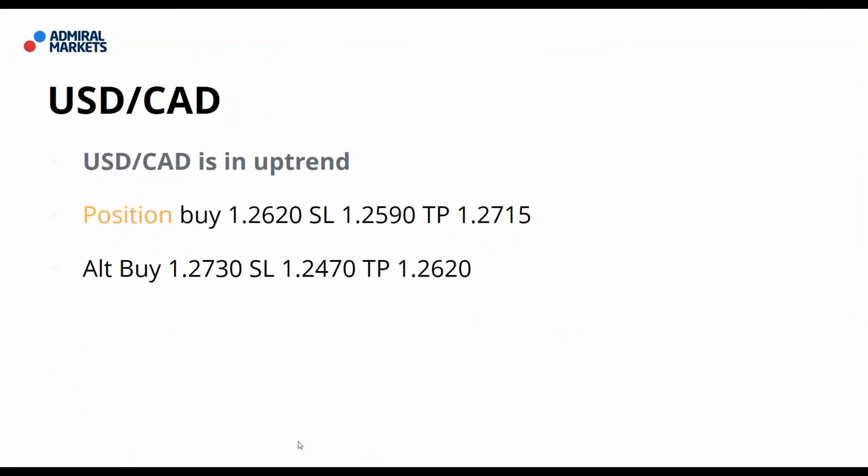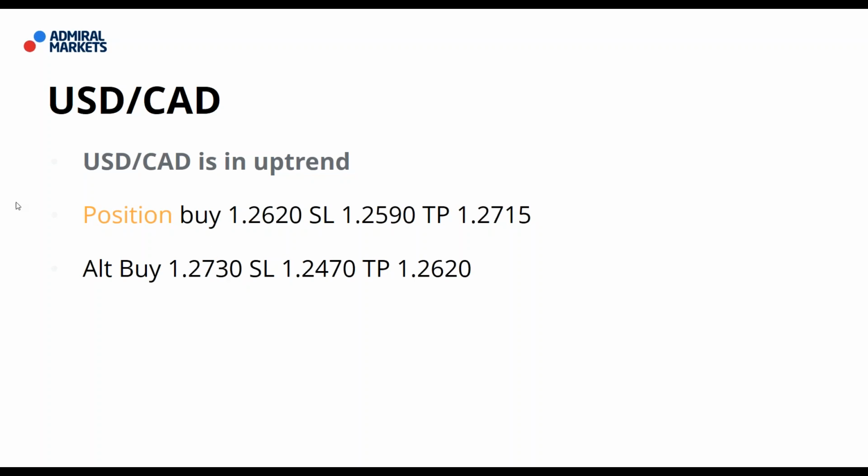Buy at 26.20, stop loss 25.90, TP 27.15, alternative buy 27.30 with stops 24.70. This is a typo, guys. I will correct this. This is a sell trade at 27.30.